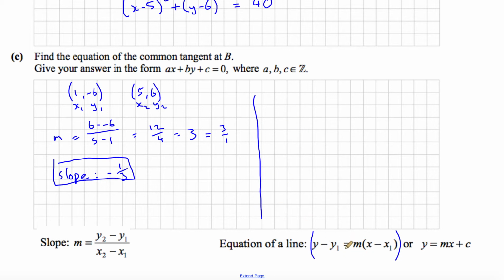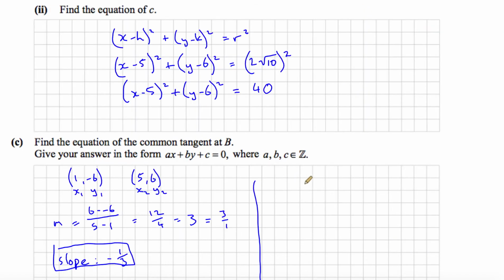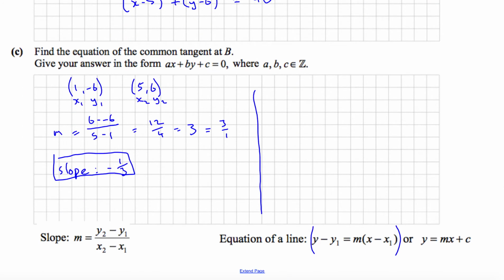And then all we need is another point, so we can just use any point on the common tangent. Now the only point we know on the common tangent is 7, 12, so we're going to use that point. So what we have then is y minus y1, and 7, 12 in this case will be our x1 and our y1.